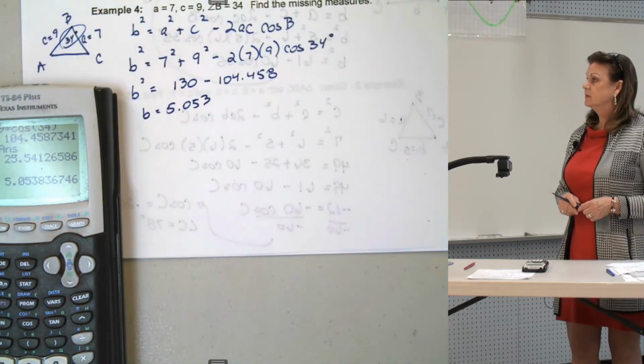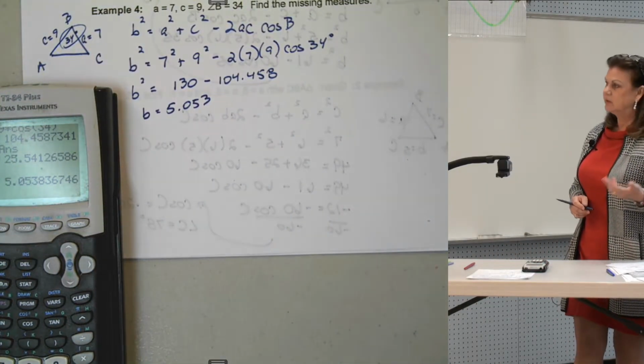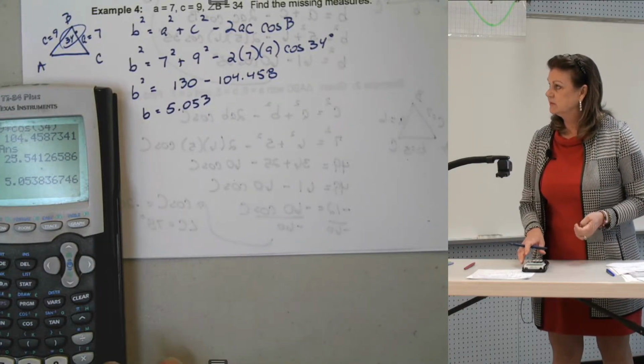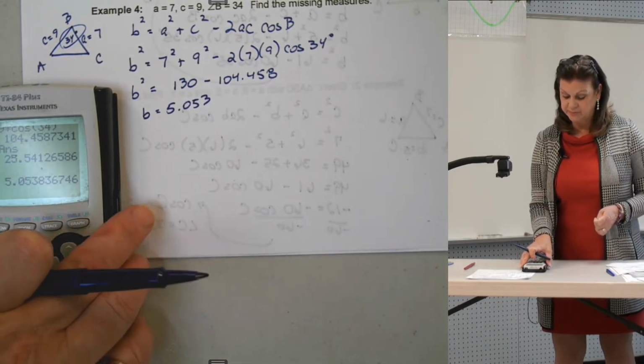There's that length. And that tells you two things. Number one, the length of B, and number two is clearly that is going to be your smallest angle in the triangle.